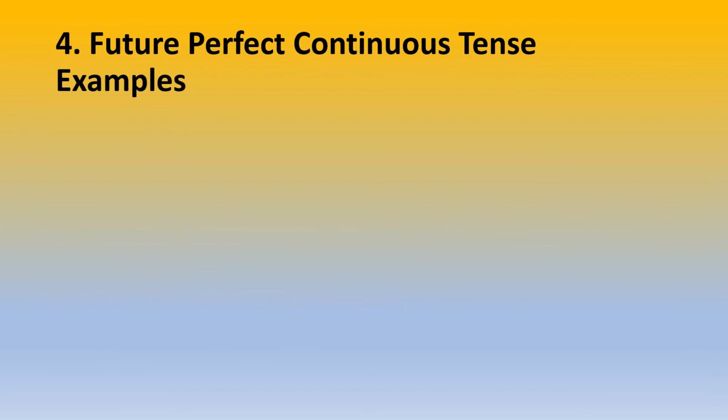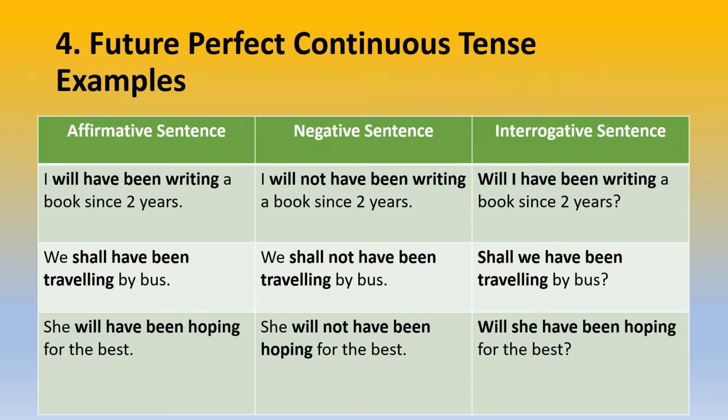Let's have a look at some examples. Here is our first affirmative sentence. I will have been writing a book since 2 years. Will have been here is the auxiliary verb. Writing here is the ing form of verb, which is showing that this progress is continued.